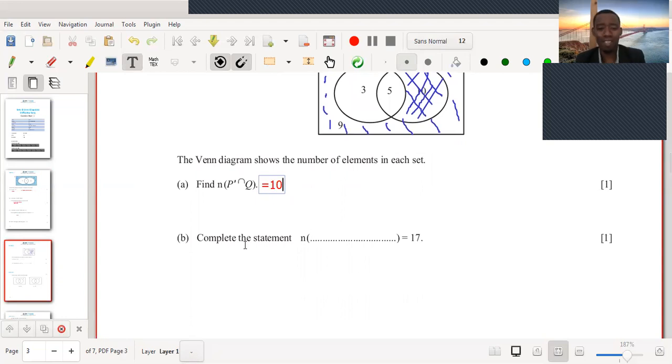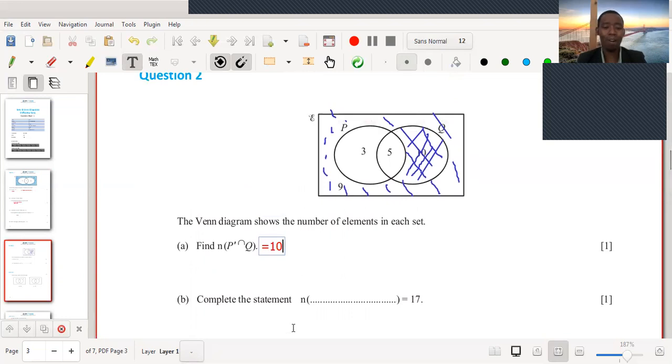Complete the statements. Number of elements in sets. You complete here. It's 17. What is that? Because if you look at this one, 3 plus 5 is what?